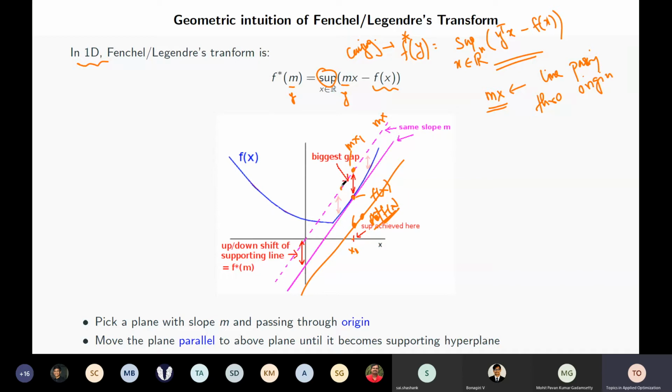If I see this point, let us say this is x2, then f(x2) is here and this is mx2. Now this difference is smaller than the first difference. In this case, the gap at x1 is the biggest gap.